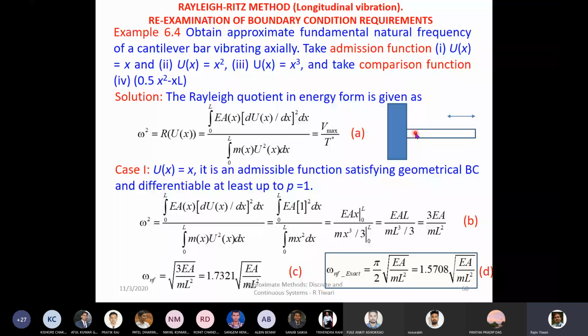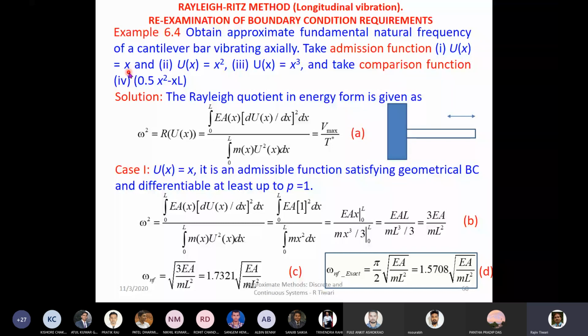This cantilever beam is vibrating axially, with a fixed end, and there is no spring, nothing else, so it is uniform. Here we are taking the admissible function initially as x, and we'll see whether this satisfies our requirement of an admissible function or not.